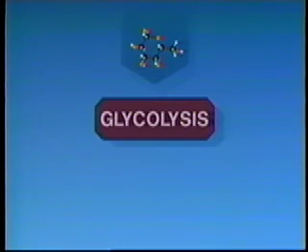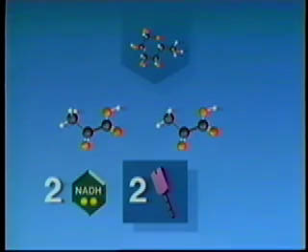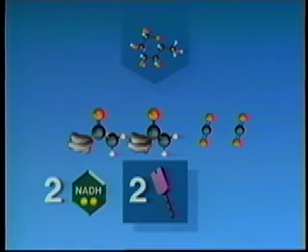Let's return to the original molecule of glucose and review what became of it. Glycolysis generated 2 molecules of pyruvate, 2 ATPs, and 2 NADHs. The 2 pyruvates entered oxidative decarboxylation and produced 2 acetyl-CoA molecules, 2 carbon dioxide molecules, and 2 more NADH molecules.